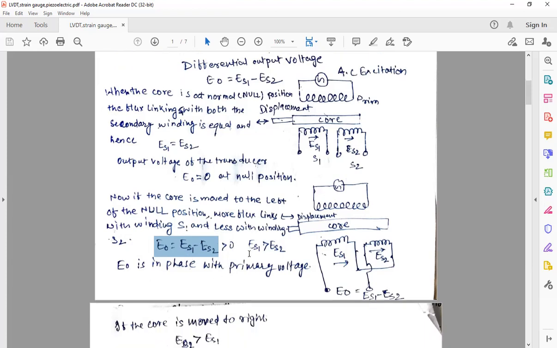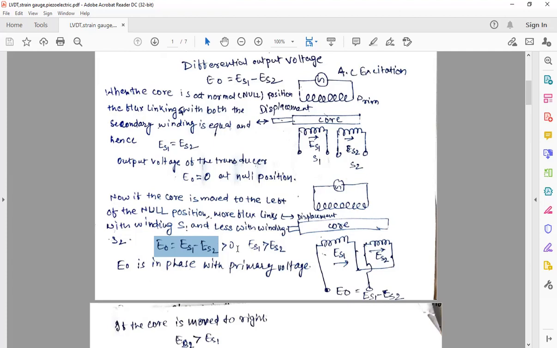So why is there a voltage across the secondary winding, that is, why is E0 greater than 0? Because the transformer core is moved from the null point to the left. Okay, so that is the movement of the transformer core.